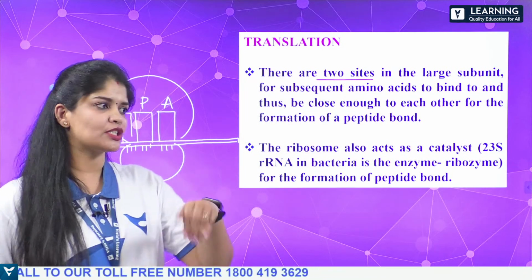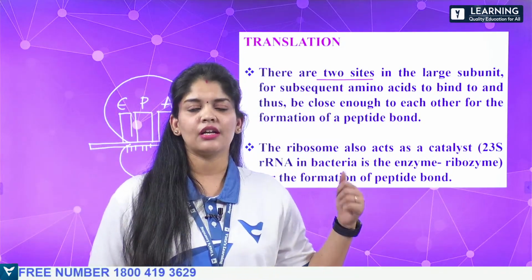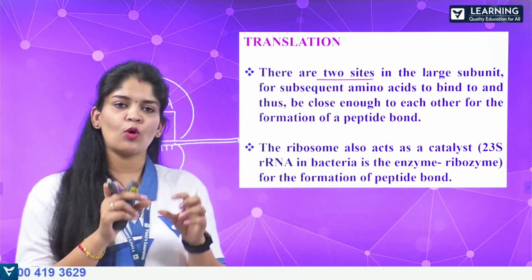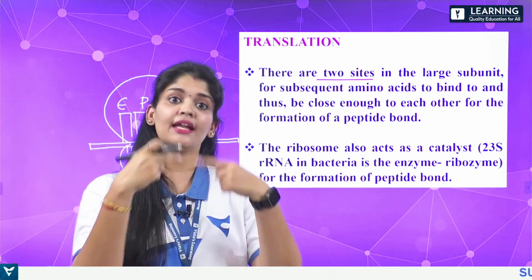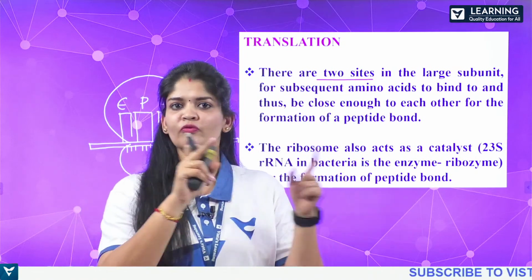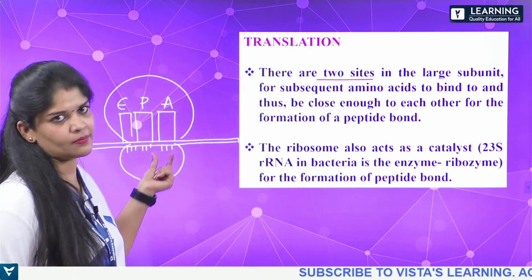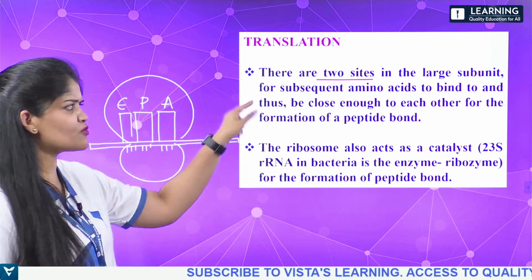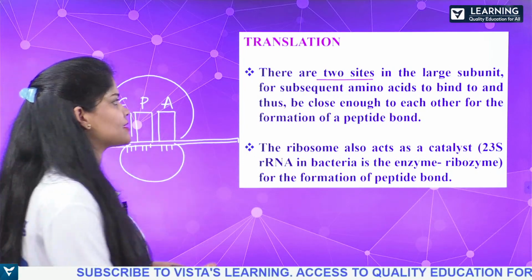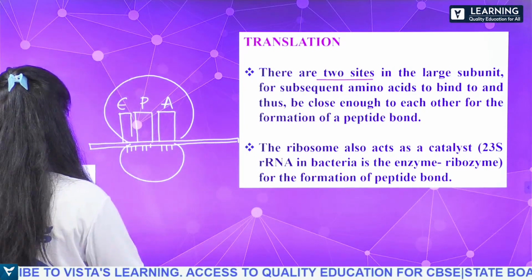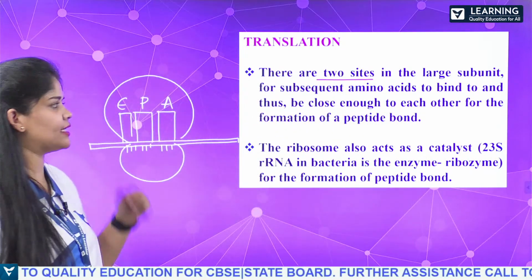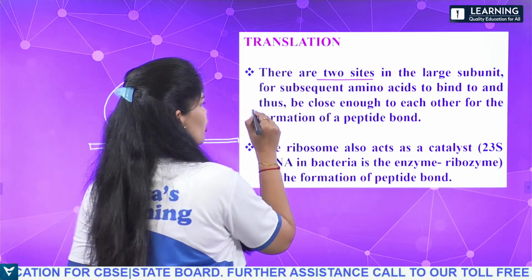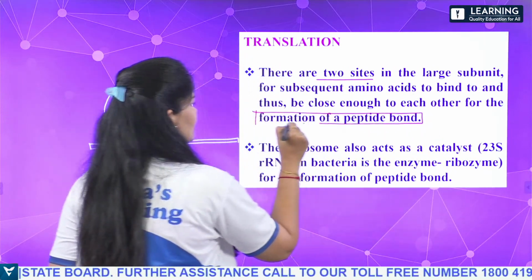The sites will be present towards the larger side of the larger subunit of the ribosome, and the smaller subunit of the ribosome will first encounter the mRNA. Then after, the larger subunit of the ribosome will come and combine with this. Now, for subsequent amino acids to bind, these two sites will be close enough to each other for the formation of a peptide bond.